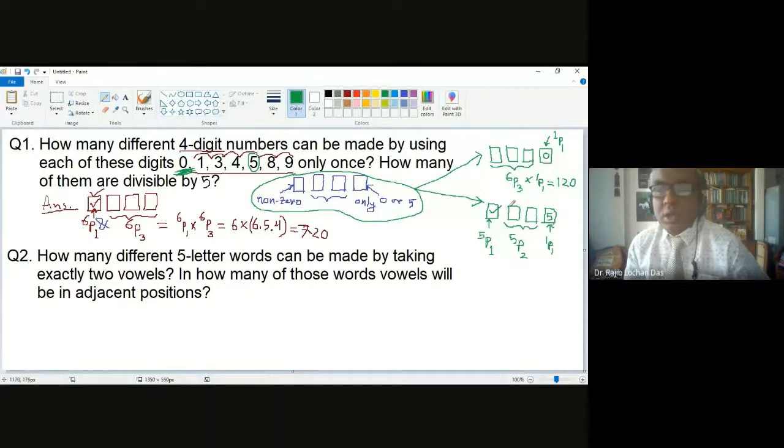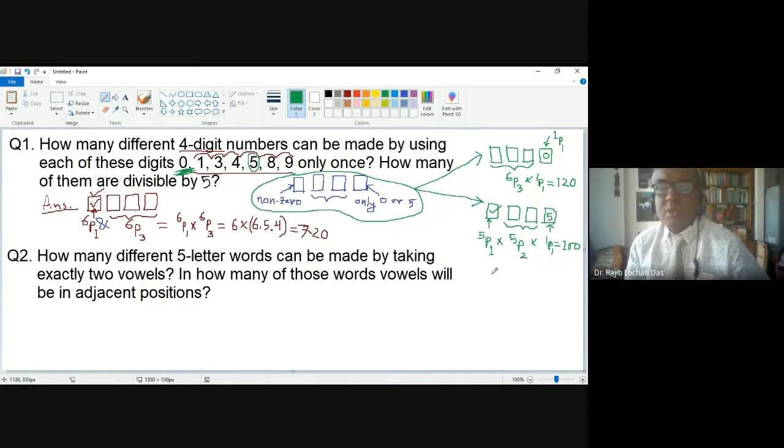So the answer is, if you have a 4-digit number with 5 in the last position, the number will be 5P1 into 5P2 into 1P1. So 5P1 is 5, 5P2 is 20, so it is 100. So you now have two options, 120 and 100.